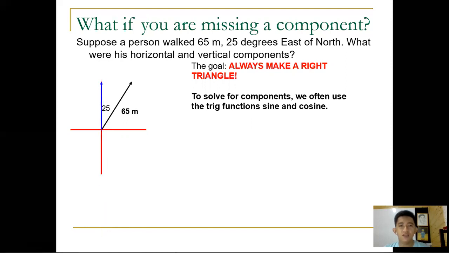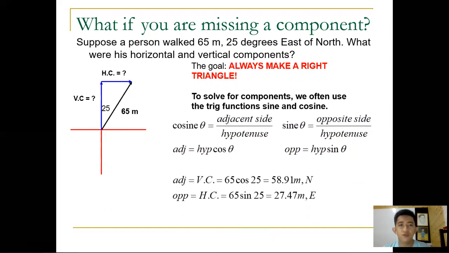So our angle here lies on the y-axis. So here is our vertical component, which is missing. Here we have the horizontal component, which is also missing. To solve for the components, we will still use cosine and sine functions.